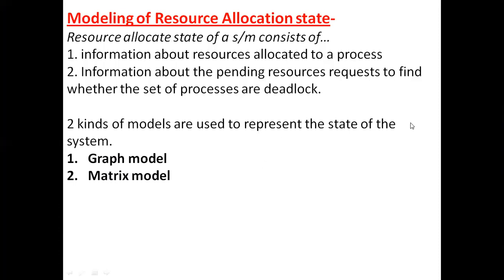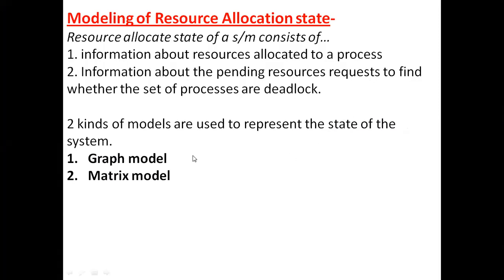The state of a system conveys the information regarding the resources allocated to a process and the pending resource requests, so as to find whether our system is in a deadlock condition or not.